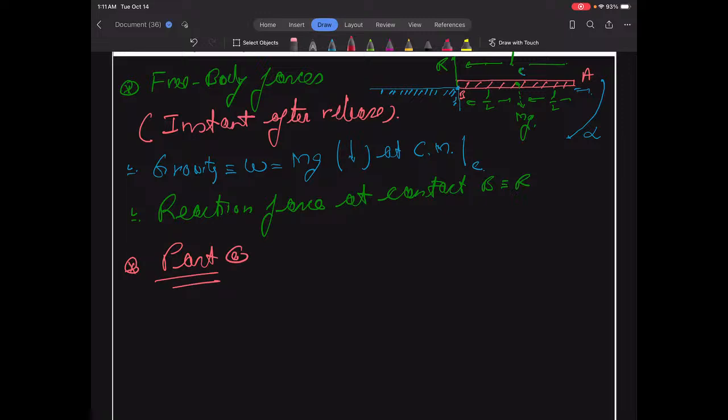So there will be torque about B, and the torque about B will be because of this mg.